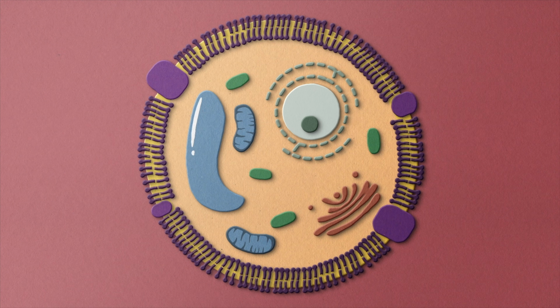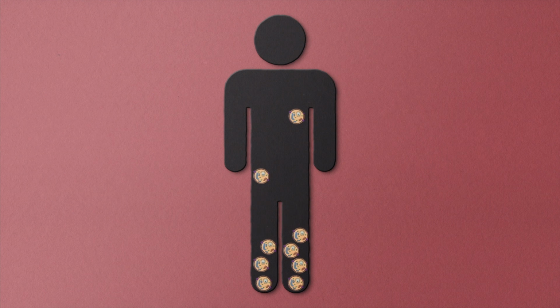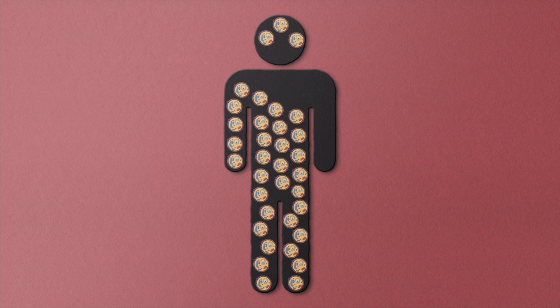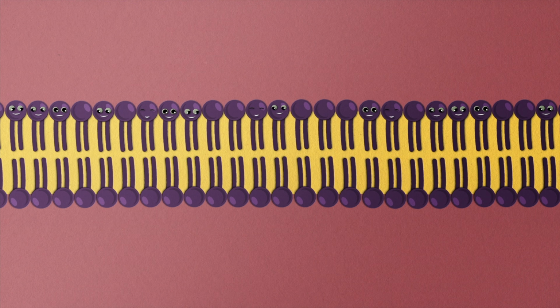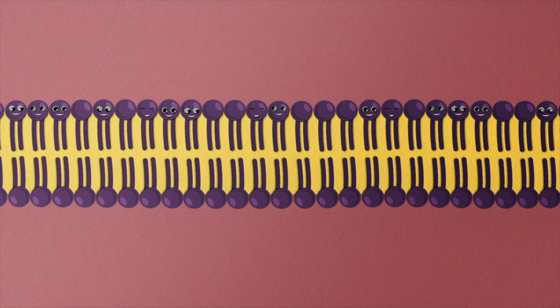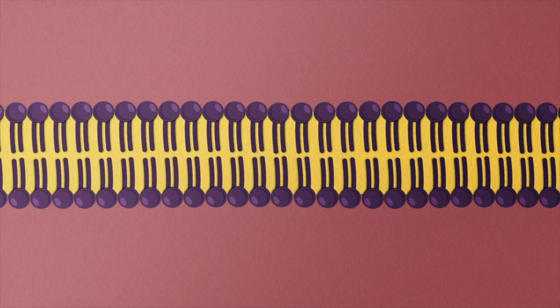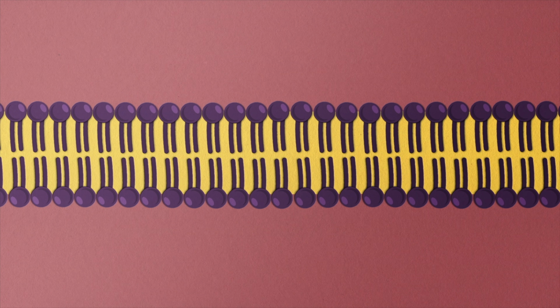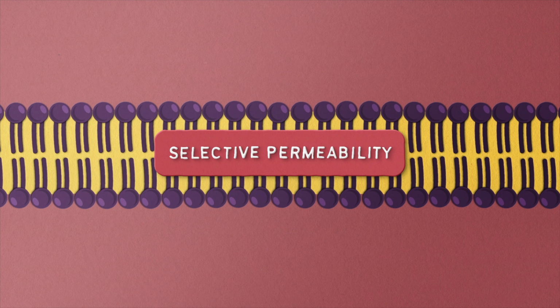Cells need membranes to exist, and we need cells to, well, to be who we are. So now our funny-looking friends are not so funny-looking anymore, right? Well, they still are, but you get the point. Phospholipids, in addition to giving the cell membrane its characteristic bilayer structure, also give the membrane something called selective permeability.